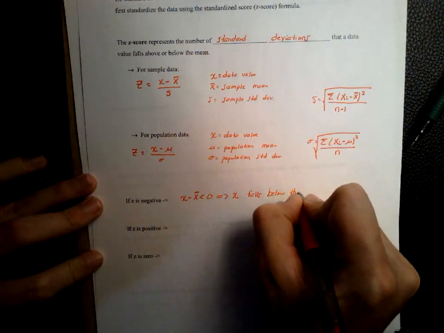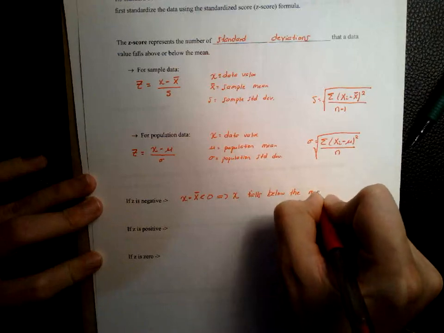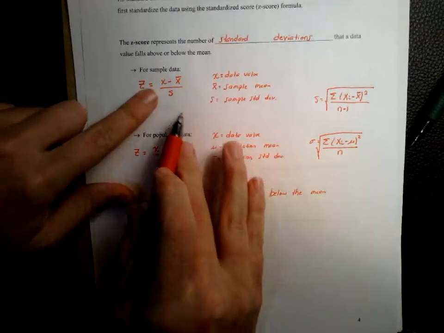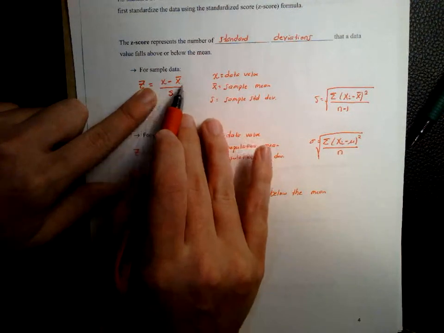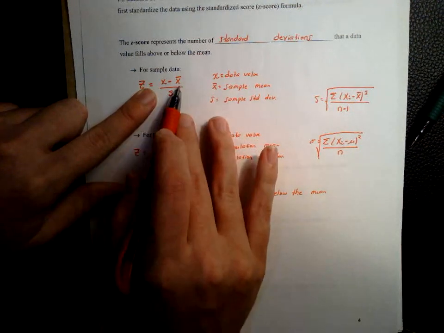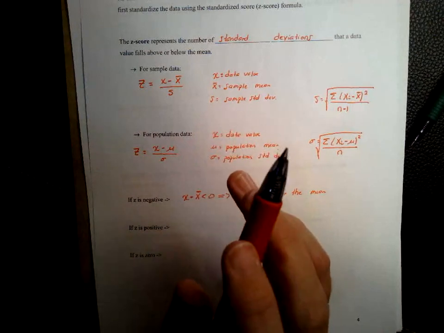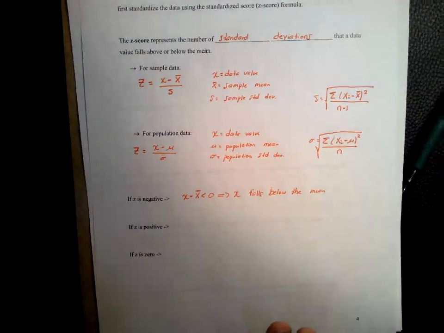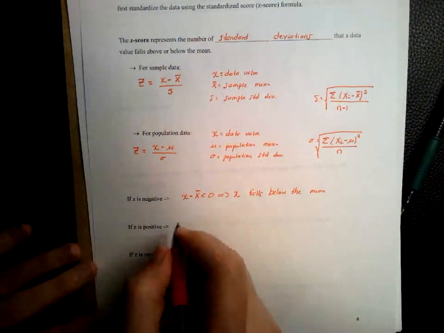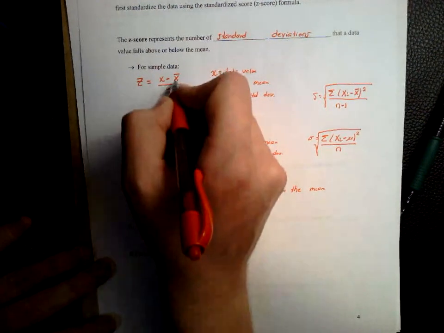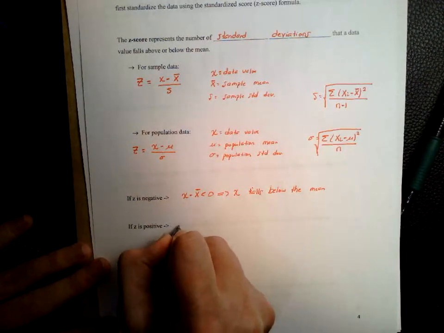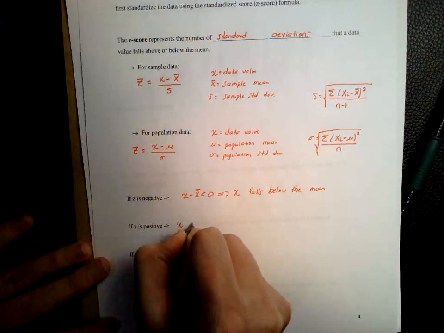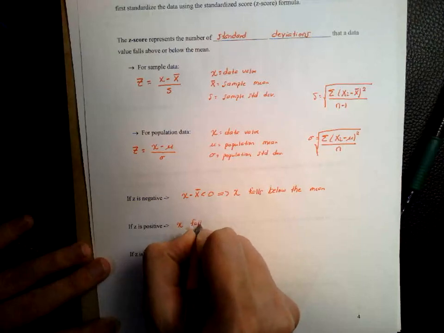What does that mean? So if x falls below the mean, this data value x is just smaller than x bar, so when I do the subtraction here, I get a negative number. Using that same idea here, if z is positive, then this numerator is positive, so that means x is actually greater than x bar, so our data value x falls above the mean.